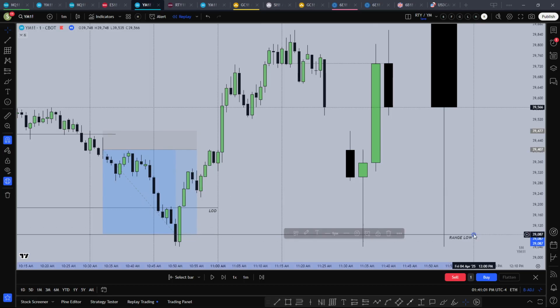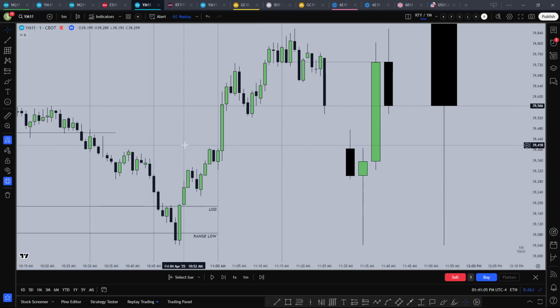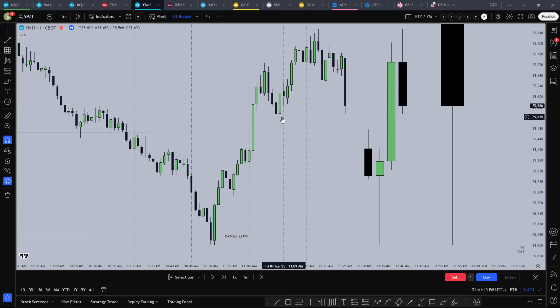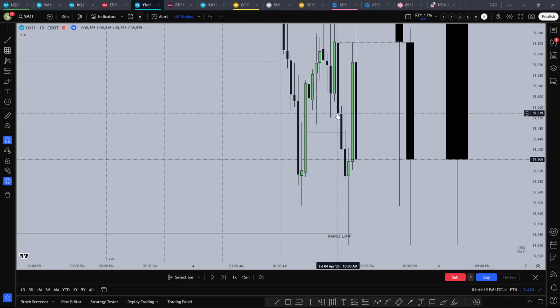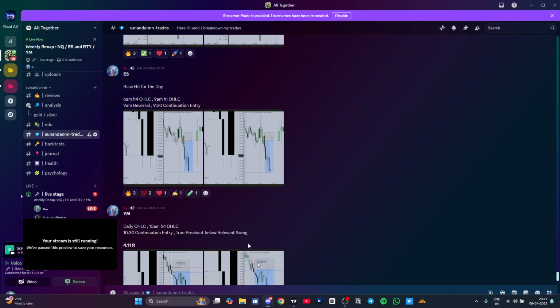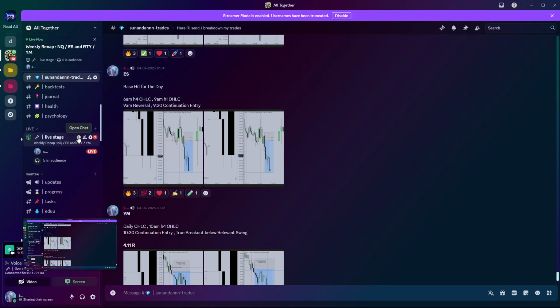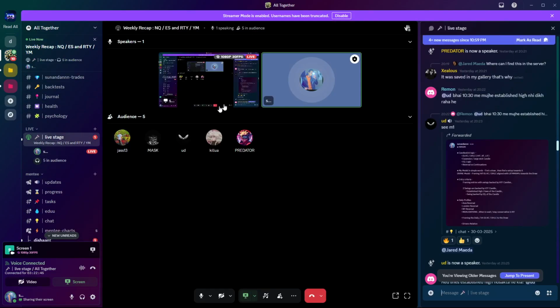So that's why I use relevant swing, because if price wants to reverse at that time, it would surely reverse at those levels, not any random levels. And it did reverse off of that. So that was it for today's session. If any doubts, I will go over them, or else we will wrap up this session.